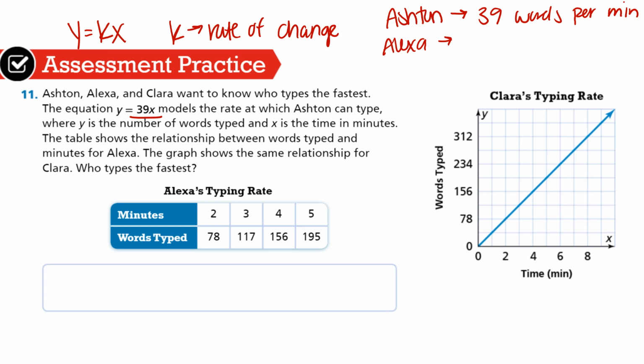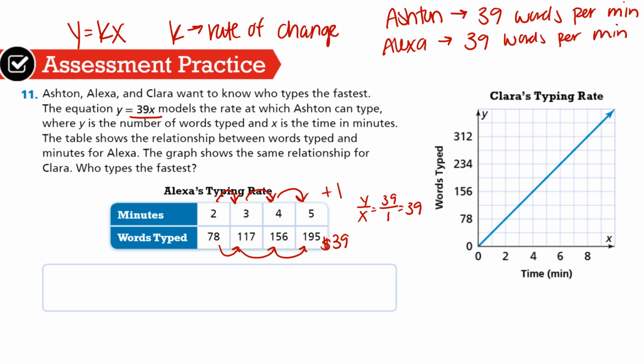So finding our pattern, 2, 3, 4, 5 is a pattern of 1. 78 to 117 to 156 and then to 195 is going to be a value of 39 each time. Setting up the fraction y over x, 39 divided by 1 is 39. So Alexa is 39 words per minute also.